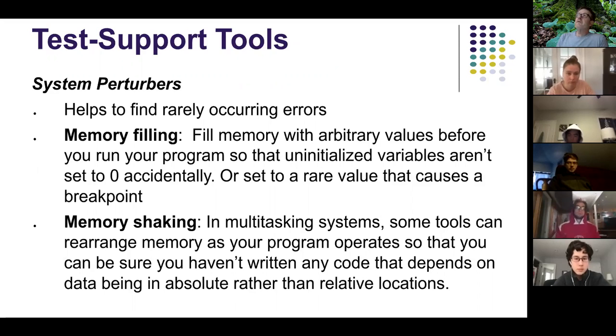Now, what you could do is put some funny value in all unused memory. For example, maybe you put hex AB in every byte that's not currently being used. Then if AB shows up in something that's being used, you know, oh, I'm using some uninitialized memory, right? You can do little tricks like that to mark things.